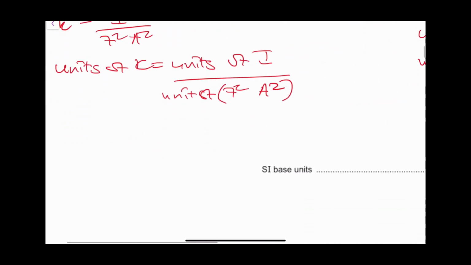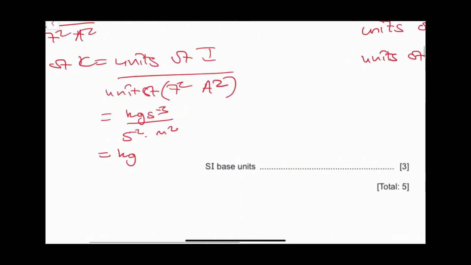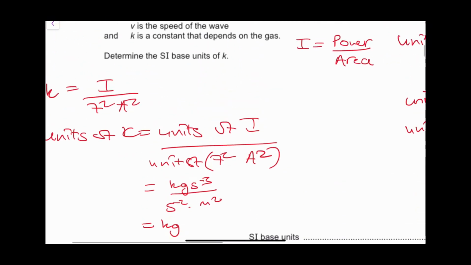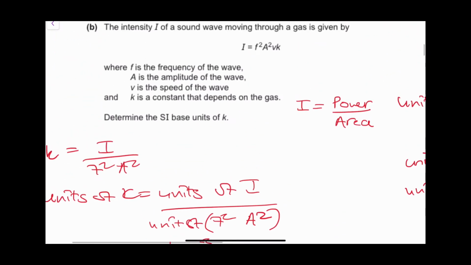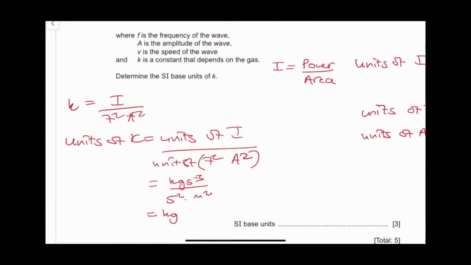So the units of K will be kg s to the power of -3 divided by s to the power of -2, because it's squared, m squared, right? So this would be kg s to the power of -3. Okay, so sorry, we forgot the v, the velocity. So your velocity that is there at the bottom multiplied by the units of velocity.